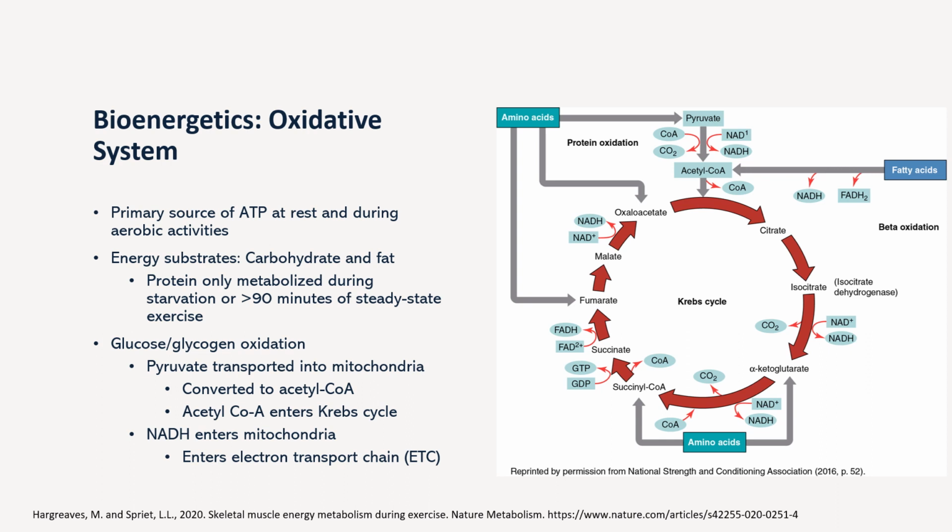Accompanying the increase in muscle glucose uptake is an increase in liver glucose output from both liver glycogenolysis and gluconeogenesis. With prolonged exercise, liver glucose output may fall below muscle glucose uptake, thus resulting in hypoglycemia that can be prevented by carbohydrate ingestion, which is the reason why you see with marathoners that they'll often have some type of carbohydrate replacement.